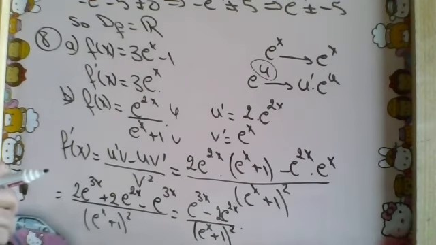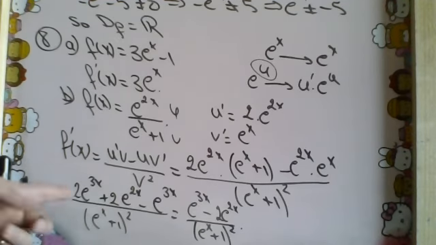أكثر شيء فيك تعمله. Minus e power 3x stays. ليش minus؟ عندك 2 minus 1.